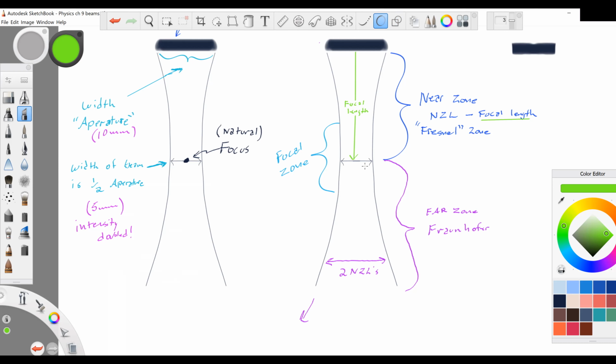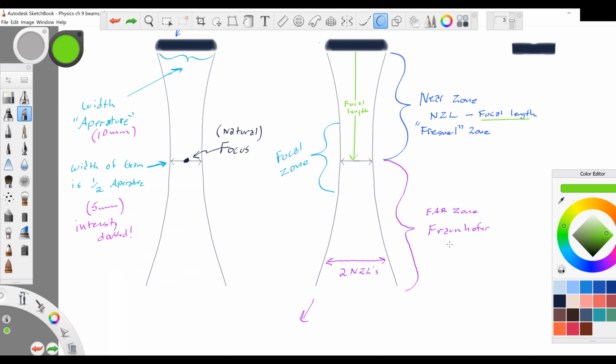This is a bit of a confusion point. Is the Fraunhofer zone just from here to here, or is it here into infinity and beyond? All we need to know is that the far zone or Fraunhofer zone starts at the focus and then continues to diverge.